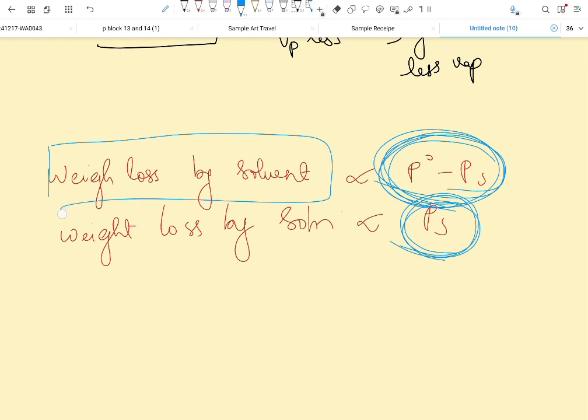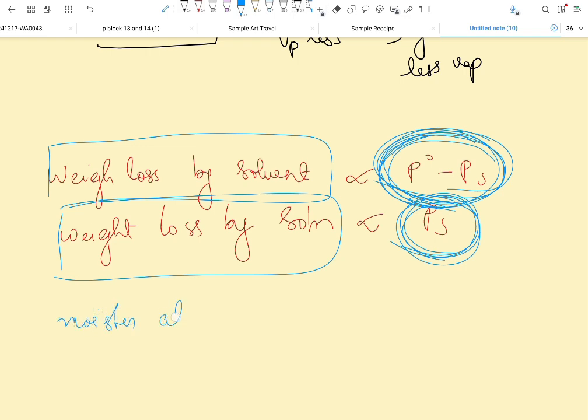It is not equal, it is just a directly proportional relation. Whatever moisture is absorbed by the dehydrating agent will increase its weight.